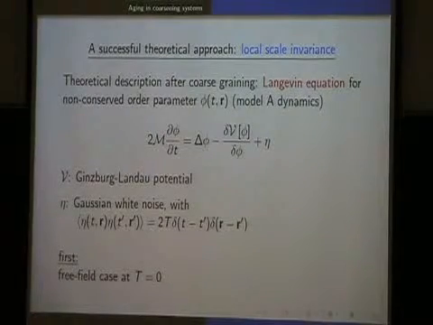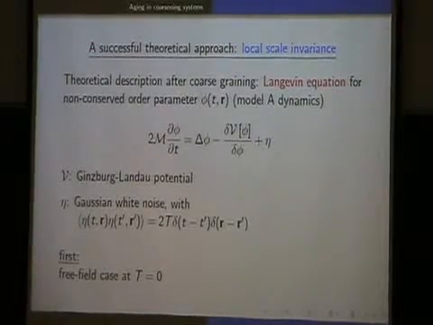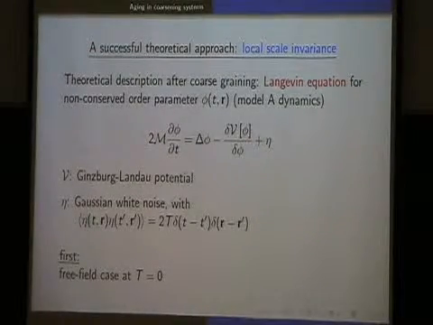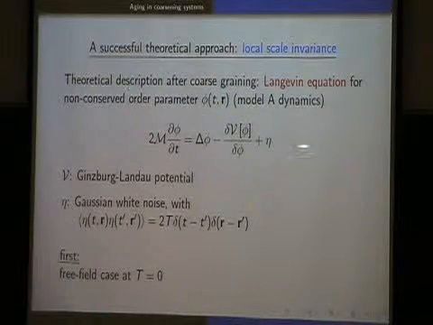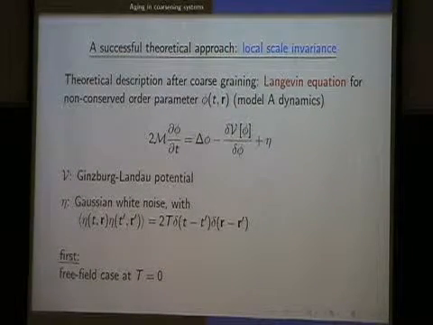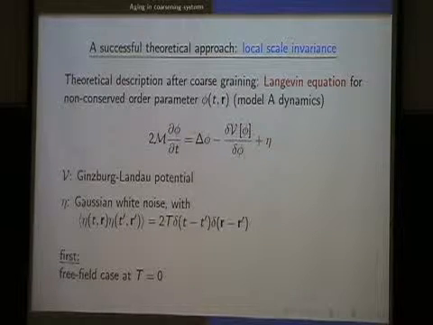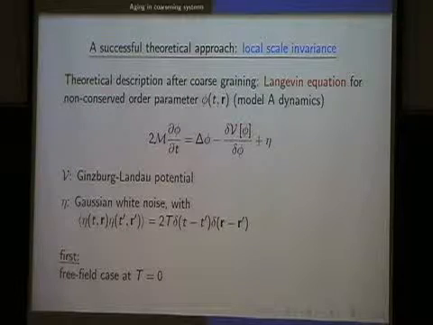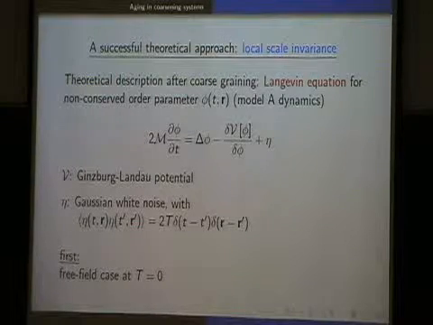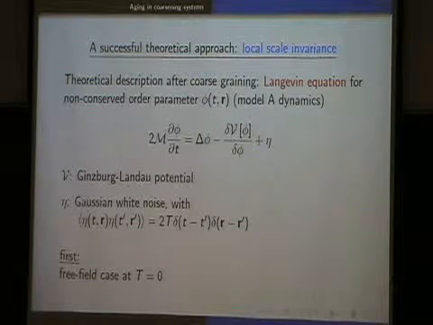Okay, so what is a possibility to describe this kind of system? This approach is sometimes called the theory of global scaling invariance, and I want to sketch it here and also give you some insight into its strengths and what might be its weaknesses.